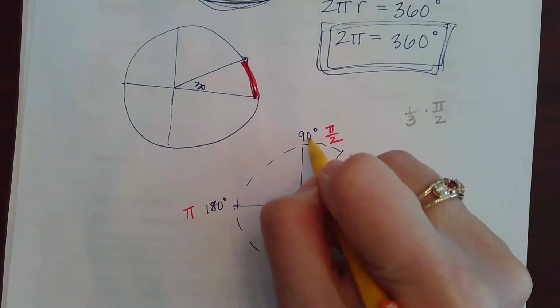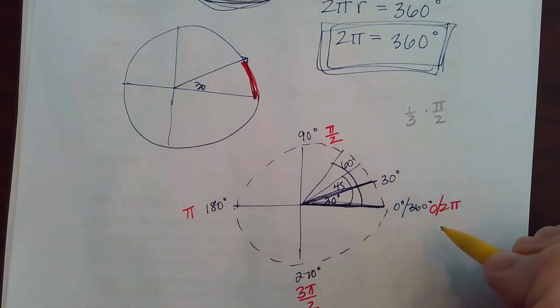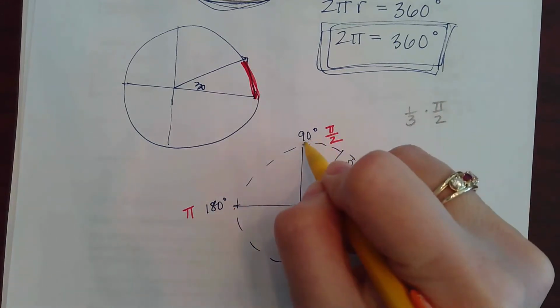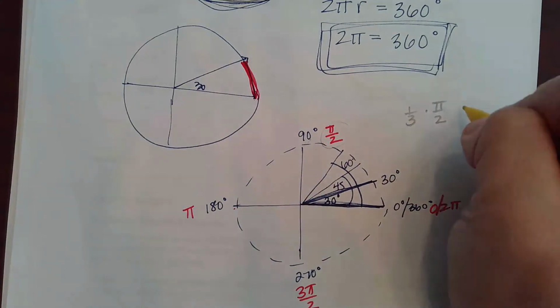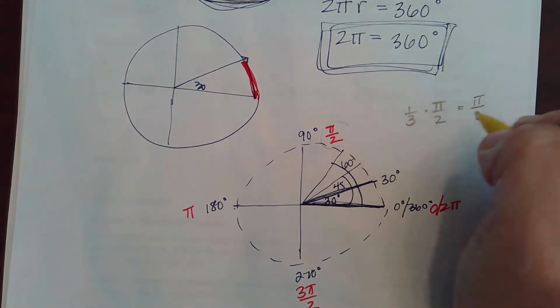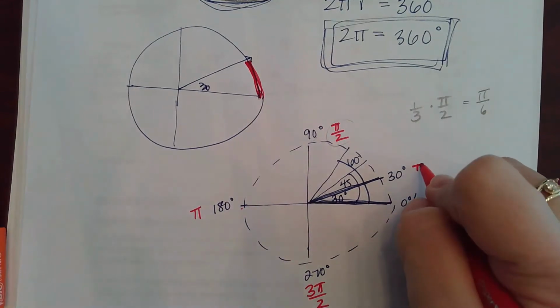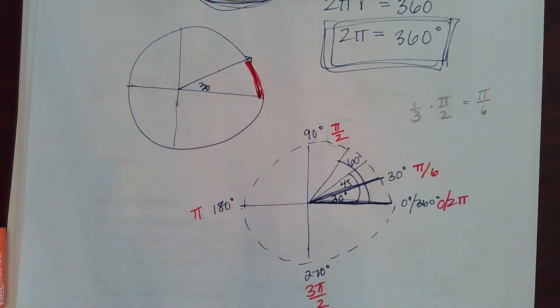Since 30 degrees is 1/3 of 90 degrees, then this radian measure would have to be 1/3 of pi over 2, which would equal, if you multiply across the top and multiply across the bottom, pi over 6. So the equivalent measurement for 30 degrees would represent pi over 6 in radians.